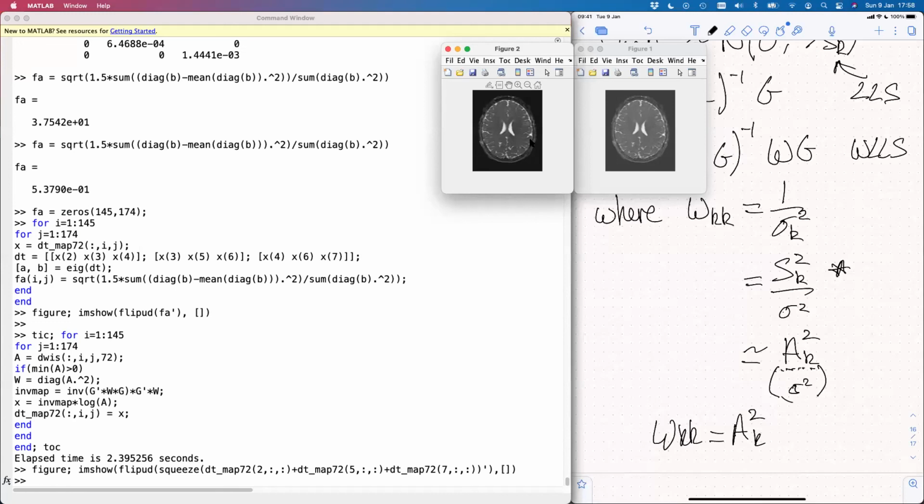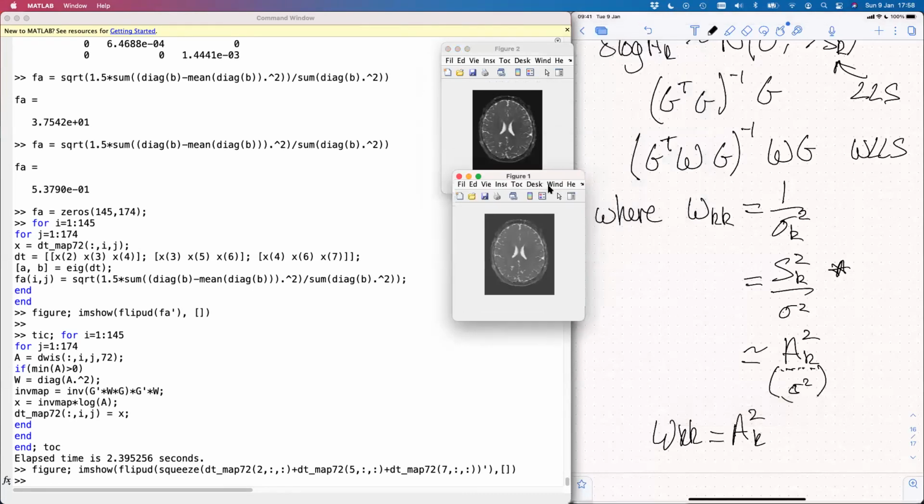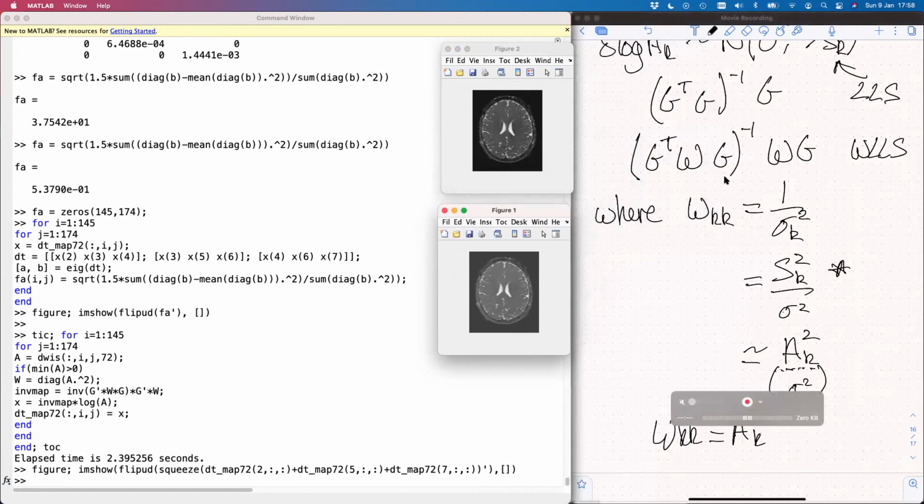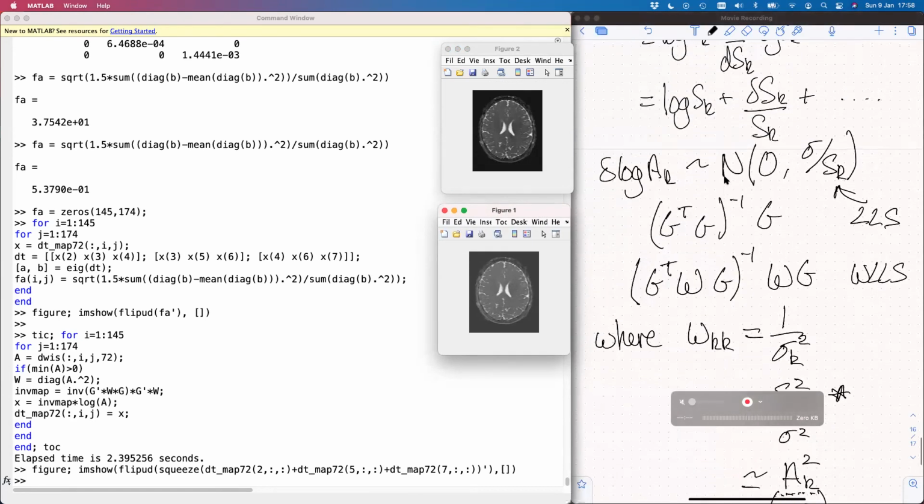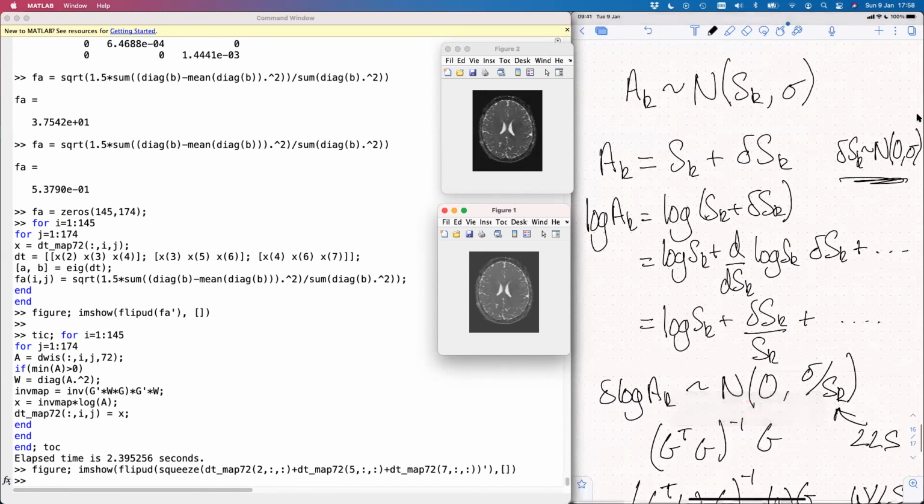And the fact that it's theoretically a more correct thing to do, and it's not particularly more difficult or more time consuming to do, means that this is really the standard way of computing the diffusion tensor using weighted linear least squares. It's not perfect because actually the Gaussian assumption that I said was a reasonable assumption, where did I say that? Up here somewhere. This assumption here isn't perfect by any means.